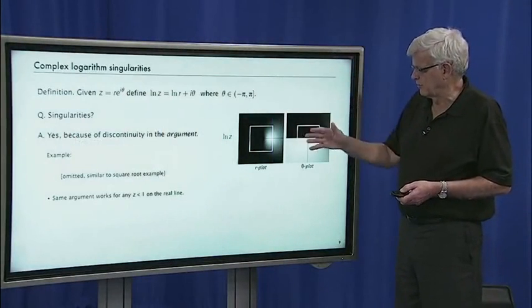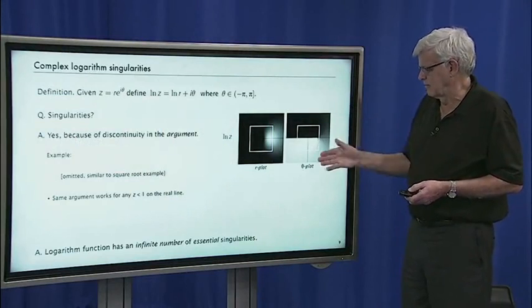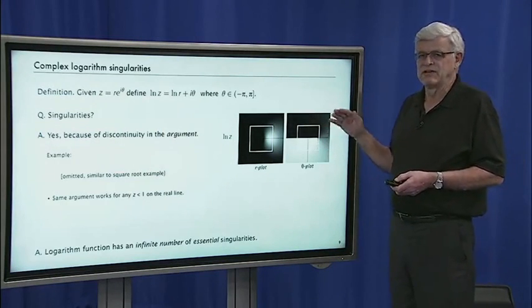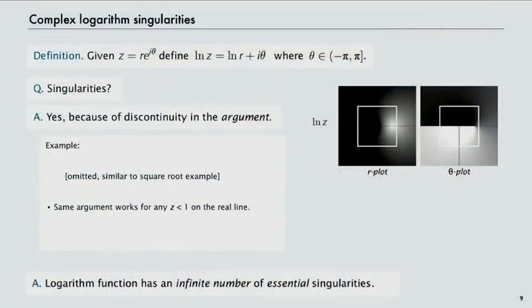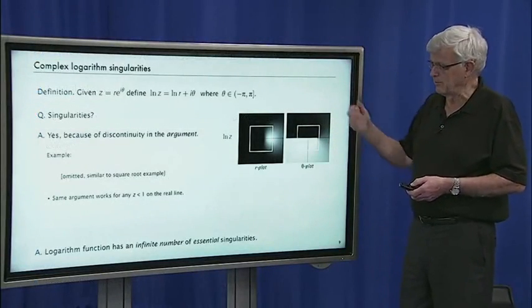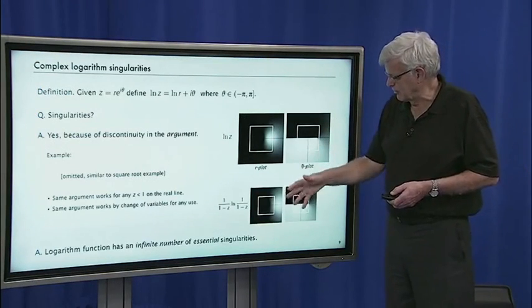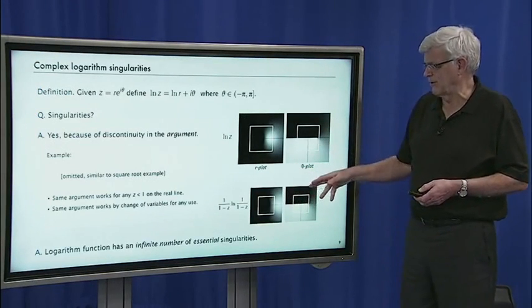And again, it works for any z less than 1 on the real line. And so the log function also has an infinite number of essential singularities. They're not isolated, and they have to be dealt with differently than poles, where we can just work with polynomials and power series for meromorphic functions. And again, any time you use the log, you're going to run into this problem.